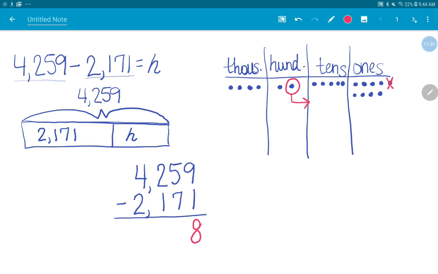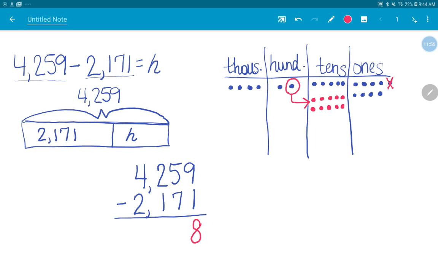No, not 15. 100 is equal to how many tens? 10. So I'm going to put 10. 1, 2, 3, 4, 5, 6, 7, 8, 9, 10.